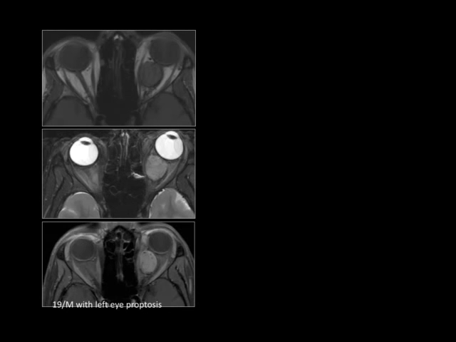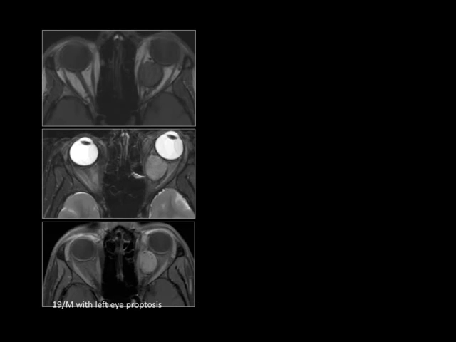Axial T1, T2 images of both orbits, contrast enhanced also. A T1 hypointense, T2 hyperintense, well-defined rounded lesion is seen in the intraconal compartment, wetting the muscles.